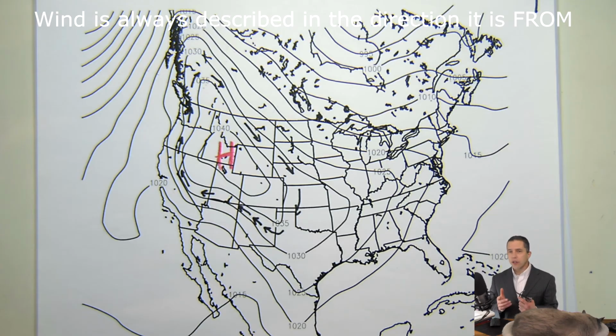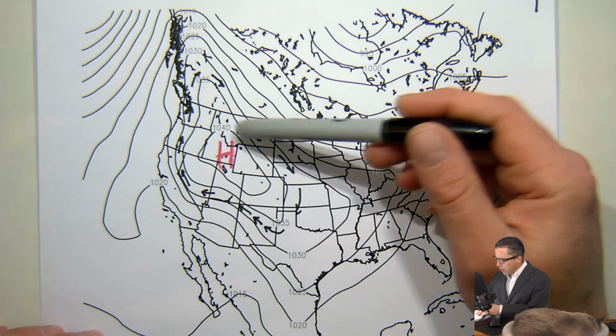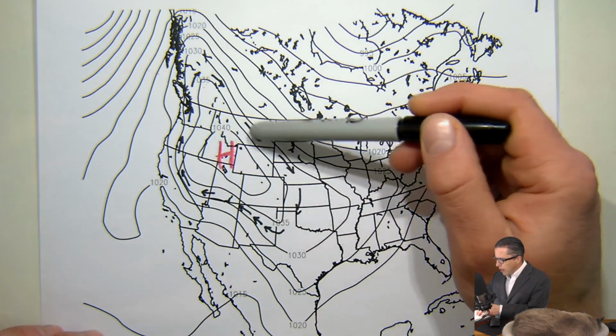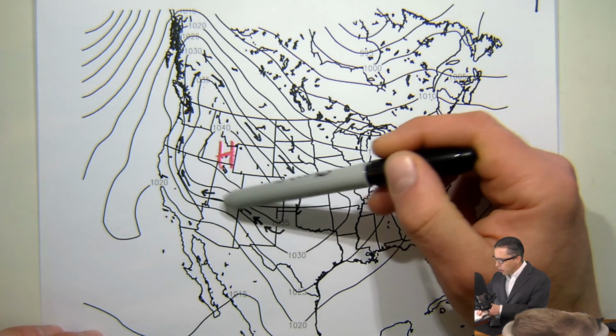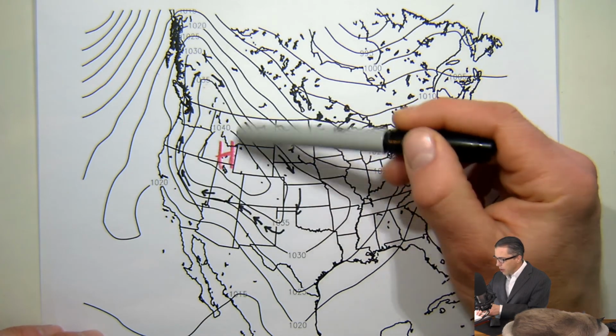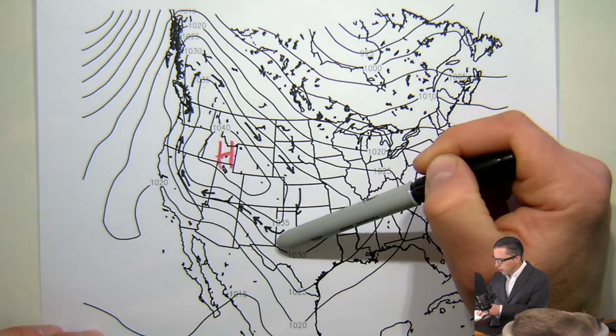If I have a westerly wind, it's coming from the west. So we can predict which way the wind's going to be blowing by thinking about whether I have clockwise or counterclockwise, and then drawing little short segments going clockwise around this high, but staying parallel to these contour lines.